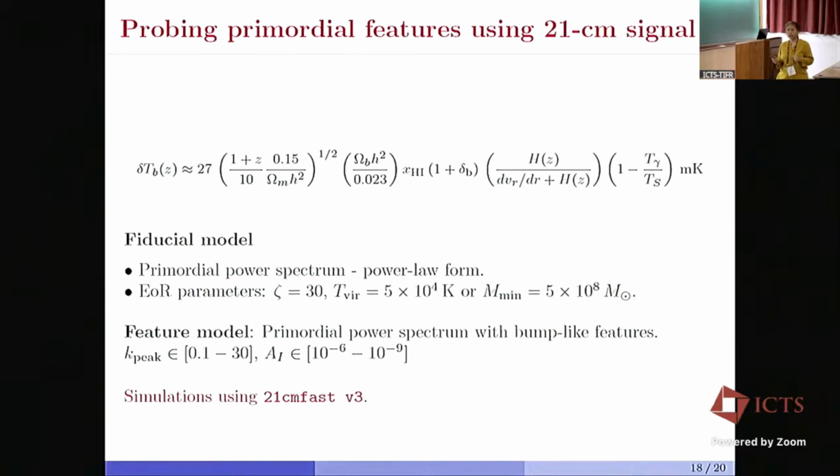And what she had found is the existence, I'm almost done, last slide, of a particular scale, K peak, at which the global signal cannot distinguish the models at all. And she will talk about the power spectrum, which can distinguish it further.